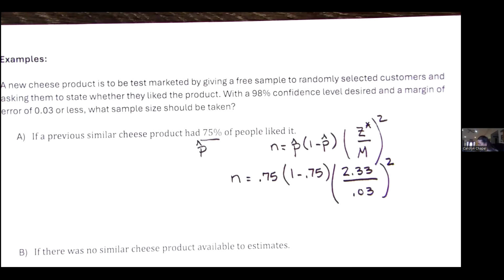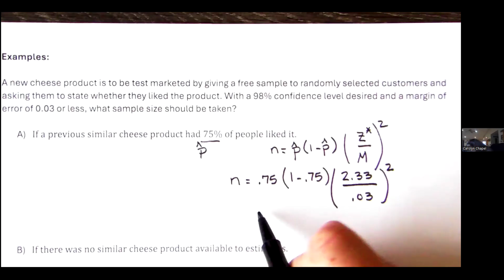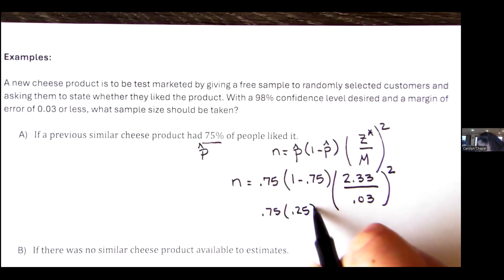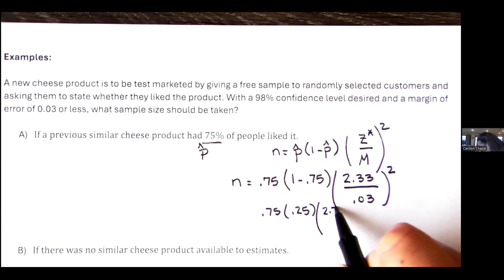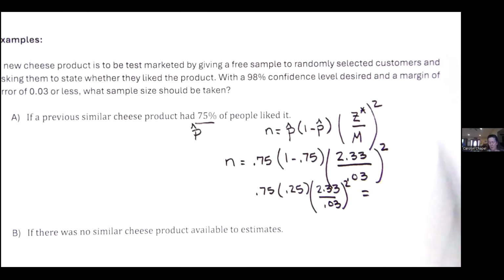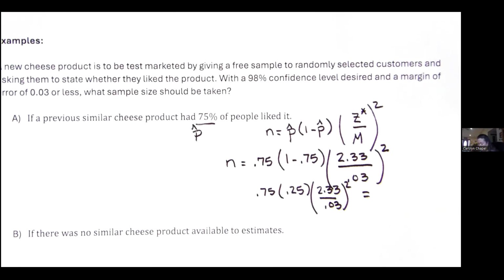And now we drag out our calculator. So I'm going to first do a little bit of this beforehand, because that's going to be 0.25. And then I'm going to let my calculator do all the work. All right, so I'm going to take that 2.33. I'm going to divide that by 0.03. I'm going to get that value first, and I'm going to square it. And I get that number. Then I multiply it by my 0.25 and my 0.75.